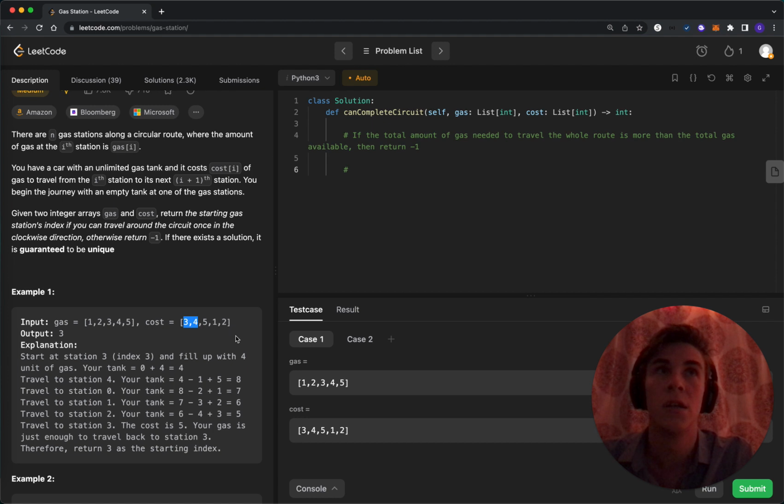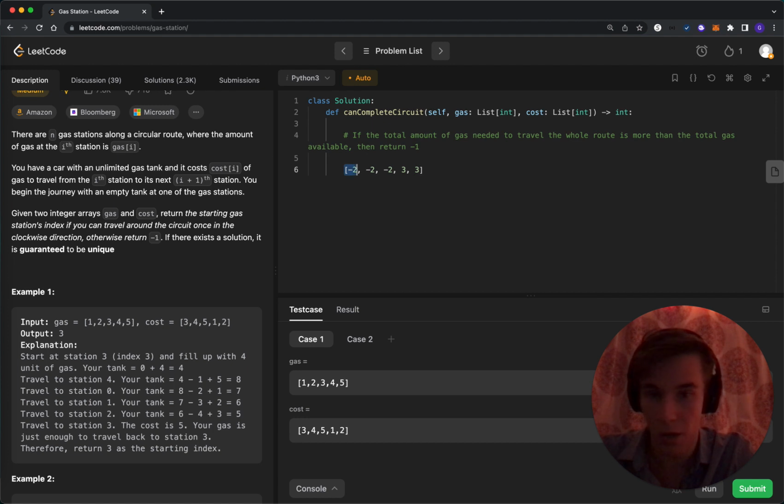What if my runways look like this, right? -3, -2, -2, -2, and 3, 3.